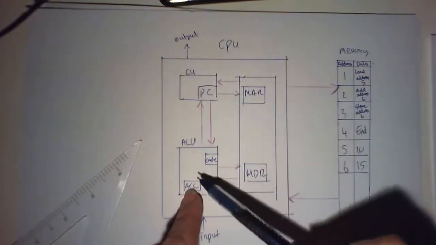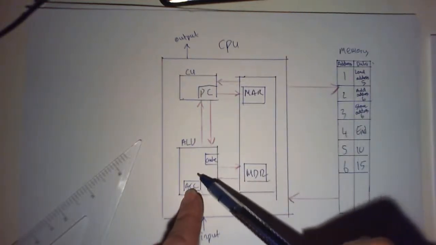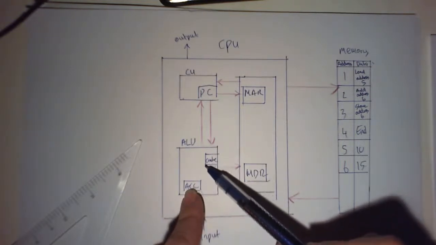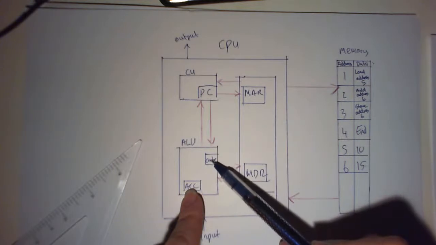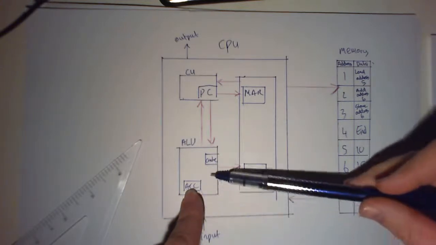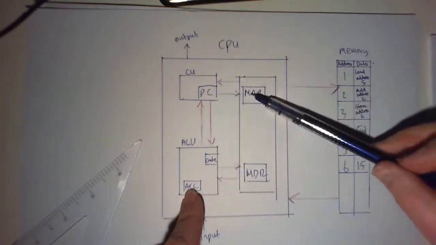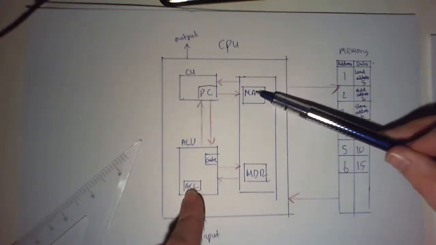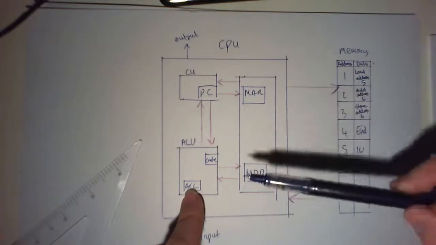Now in here we have load address 5. The control unit will decode load address 5 and decide what to do with it. The first thing it'll do is keep a copy in the cache for future reference. Then it'll tell the memory address register to find what's in address 5 and load it.